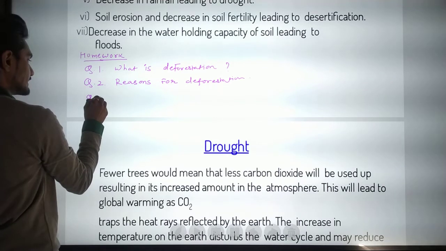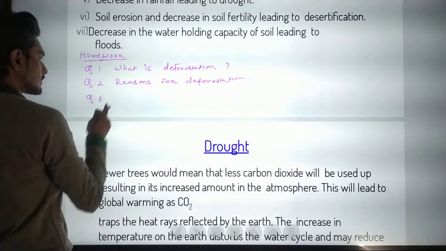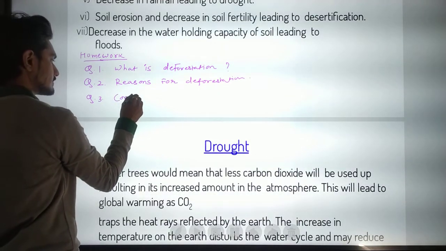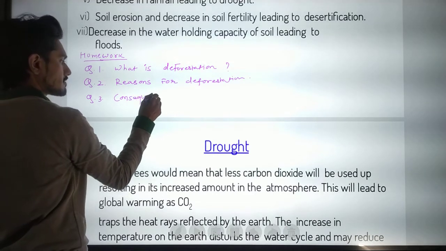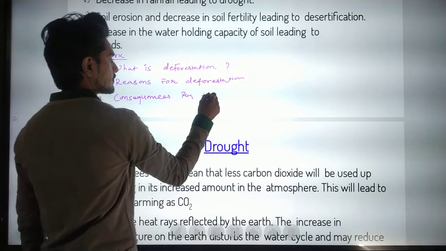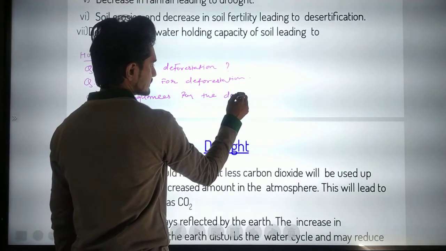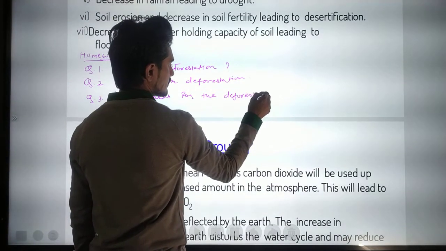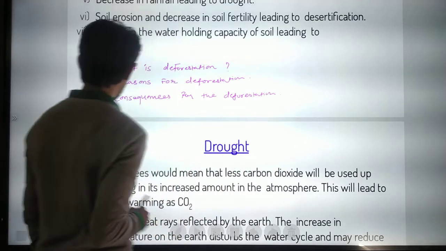Question number 3. Consequences of deforestation. Question number 4.